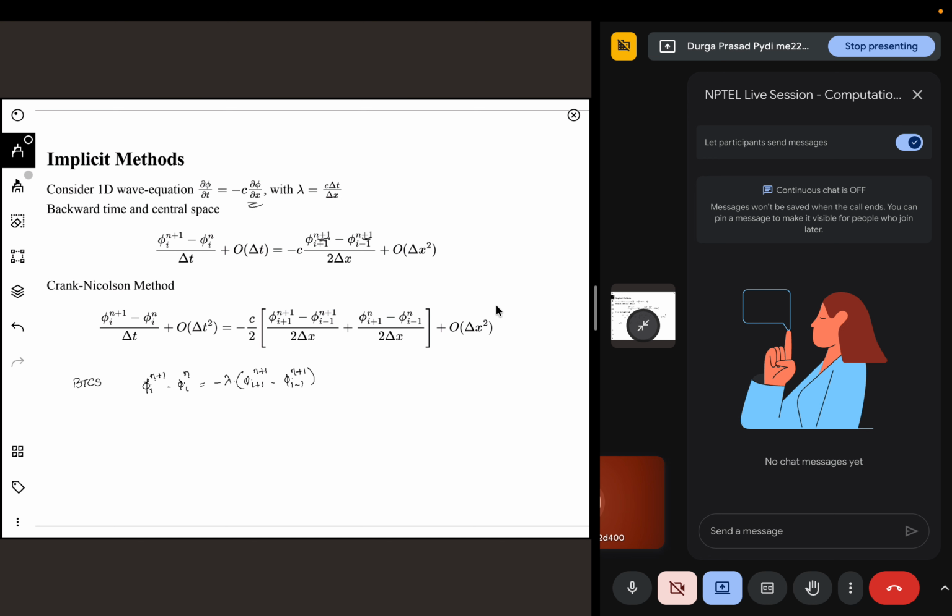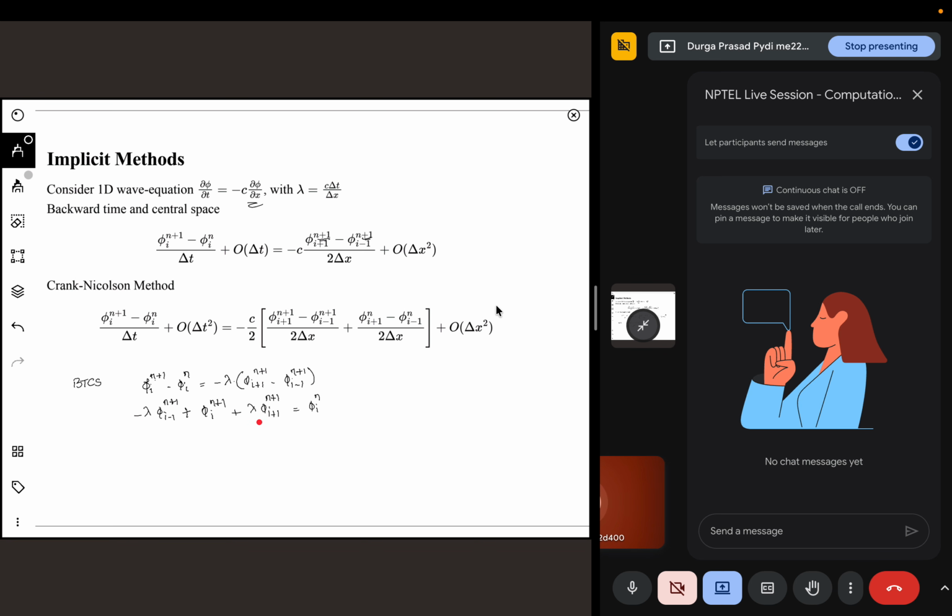We'll write this for all the grid points, and then we will solve them simultaneously. If I were to write this in a matrix form, this will become minus lambda times phi minus 1 n plus 1 plus phi n plus 1 plus lambda times phi plus 1 n plus 1 is phi n.